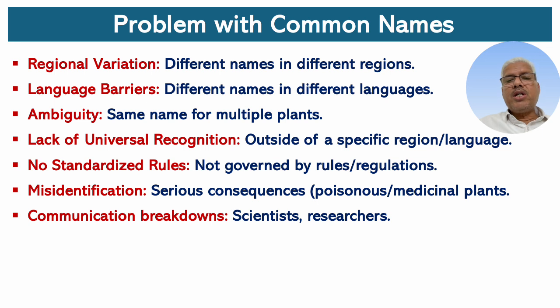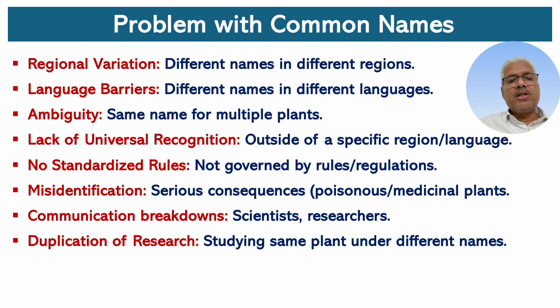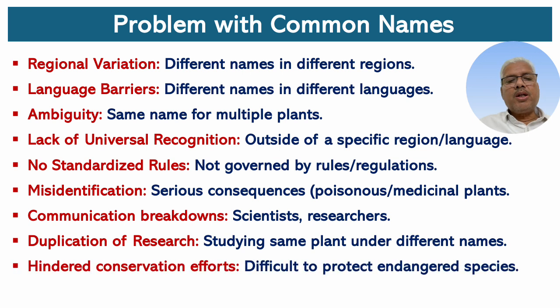Misidentification can have serious consequences, especially when dealing with poisonous plants and medicinal plants. Scientists and researchers may have difficulty understanding each other when discussing specific plants. Research may be unnecessarily repeated because scientists are not aware that they are studying the same plant under different names.